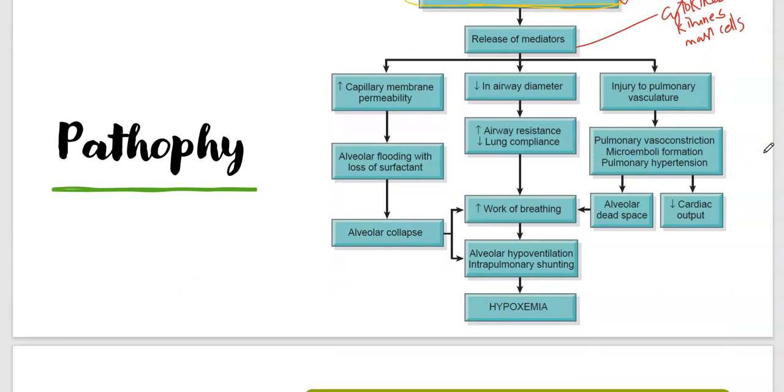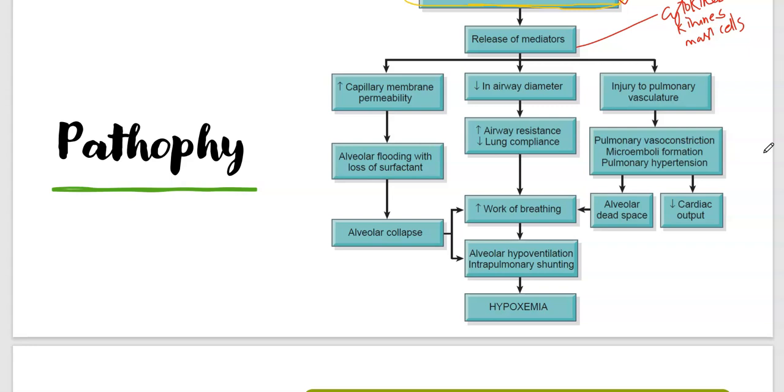Ibig sabihin nun, mas nag-open yung membrane natin para mas makapasok, or there's increased leakage of your fluids. Dapat nasa capillary siya, pero since lumaki nga yung butas ng ating membrane, nakalusot siya, which, okay, goes into where?